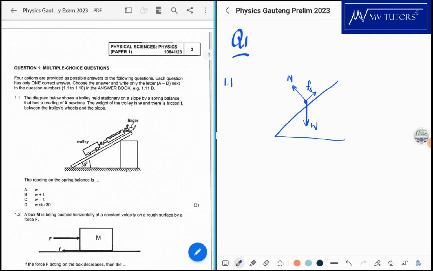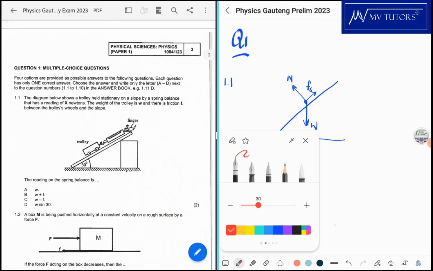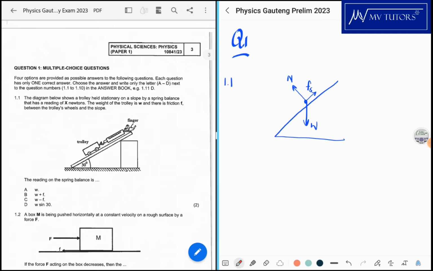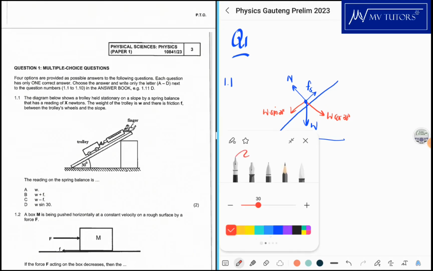And if I were to resolve the weight into its components, on this portion here I would have the weight cos 30, and over here I would have the weight sine 30. And there's also the force by the spring.